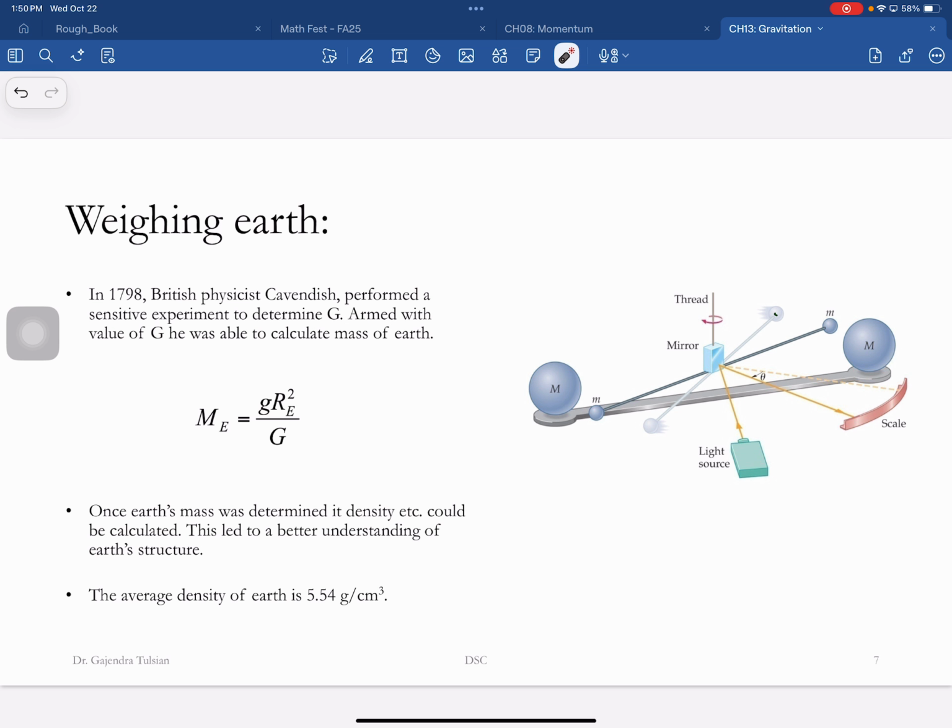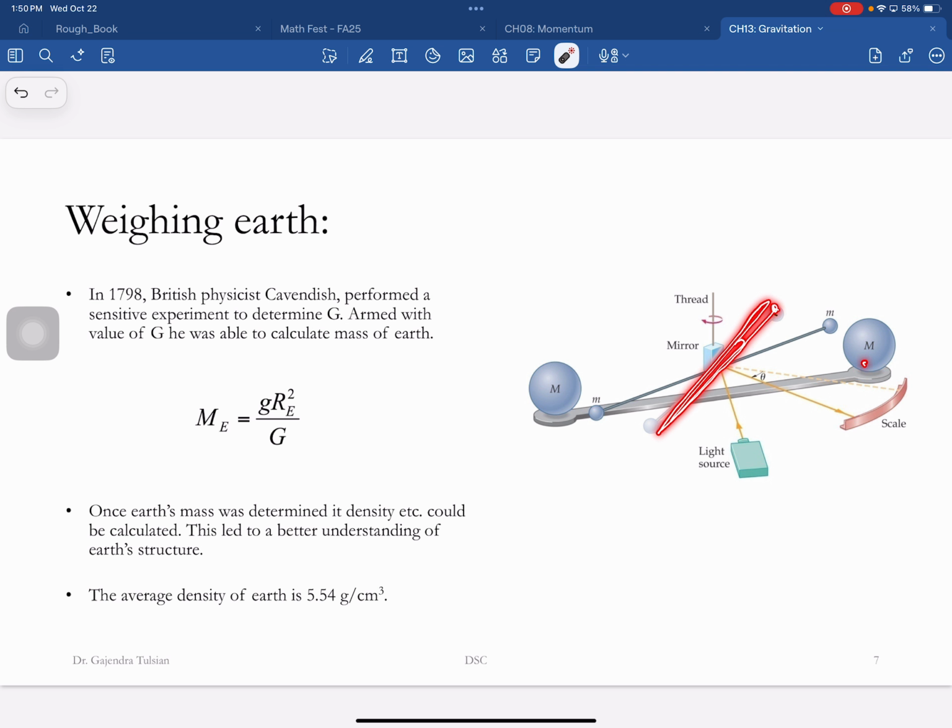So in this cable, we have two small spheres at the end. And then we take two large masses. Initially they're at the bottom, and here's the untwisted position of the two masses.